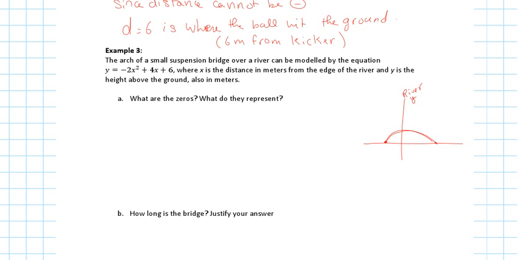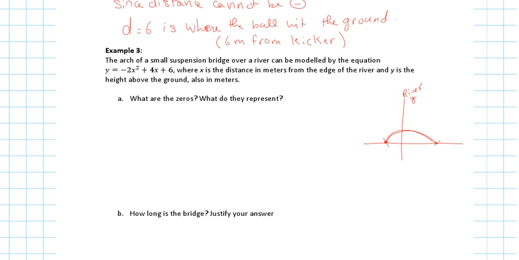All right, what are the zeros and what do they represent? The start of the bridge? More like the middle. What are the zeros? Yes, these two. Come and point at them, please. The zeros are right here.